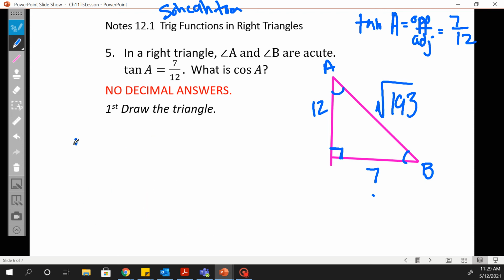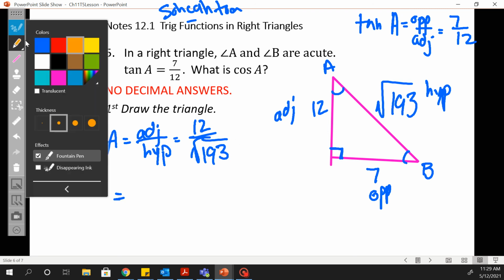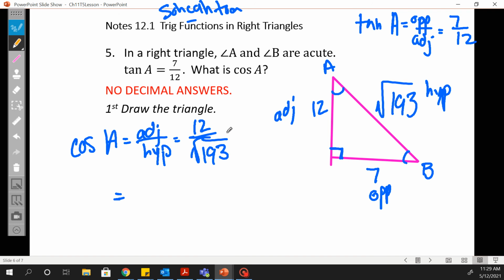Alright, so we want to know the cosine of A. Okay, so that's A. So for A, this is the opposite side, this is the adjacent side, and this is the hypotenuse. So if we want the cosine of A, we want the adjacent side over the hypotenuse. So the adjacent side is 12. The hypotenuse is square root of 193. Now remember, you can't leave it like this because your denominator is a radical.